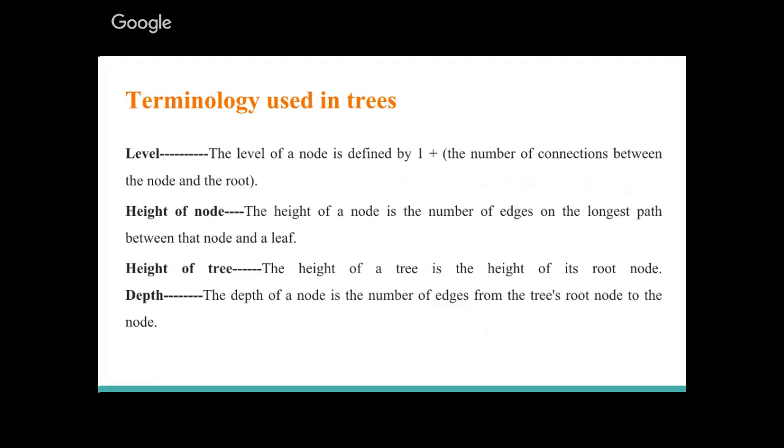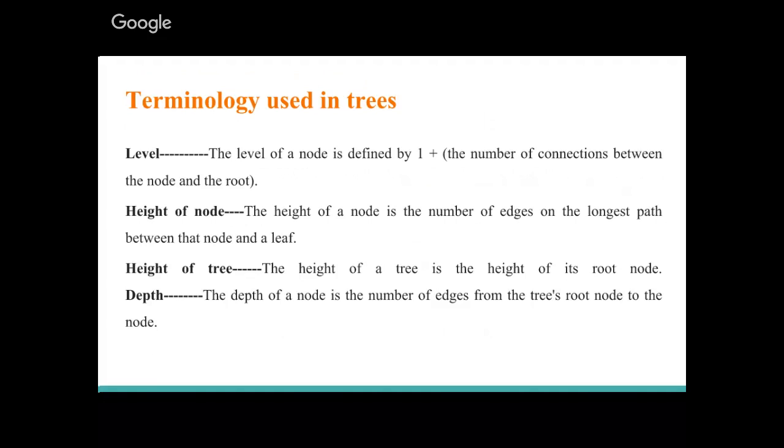Height of the node. Height of a node is the number of edges on the longest path between the node and leaf. So if leaf is like 4 nodes down, the height of the node is 4. Height of tree. So this we talked about height of a particular node in the tree.